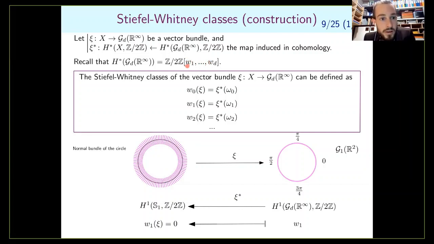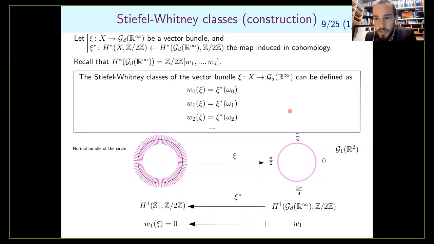And you will take the image of these classes by this map induced in cohomology. And this gives you the Stiefel-Whitney classes. The 0th Stiefel-Whitney class is the image by Xi star of W0, W0 being 1 in this algebra. The first Stiefel-Whitney class of Xi, W1 of Xi, is the image of W1, this cohomology class in the Grassmannian, and so on.